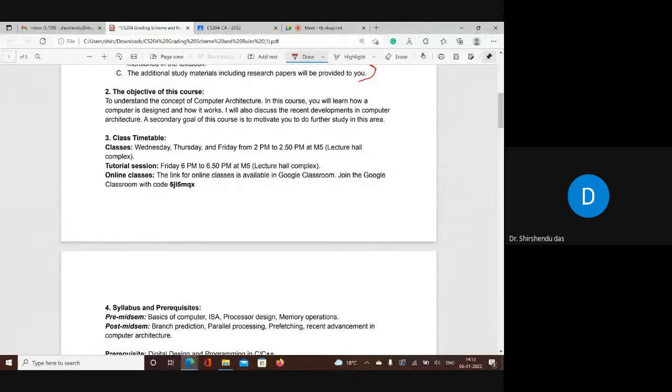When we discuss computer architecture here, we'll discuss some of their designs: how Intel is designing recent processors, and what important technologies AMD or Intel are using for designing their modern processors. All these things will be discussed here. But those will be discussed to motivate you, and everything will not be in your course.